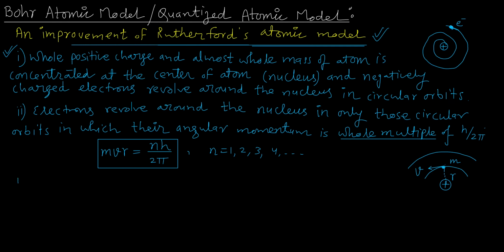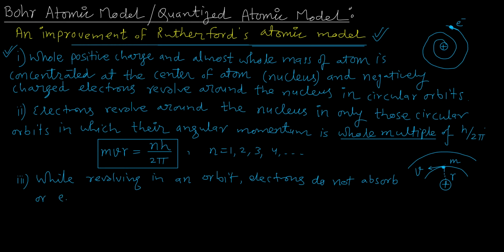After this, the third point given by Bohr says that while revolving in an orbit, electrons do not absorb or emit any energy.